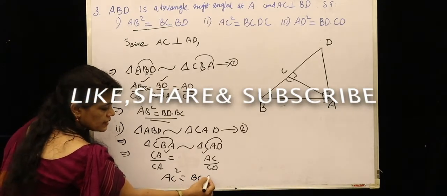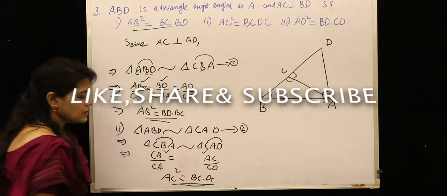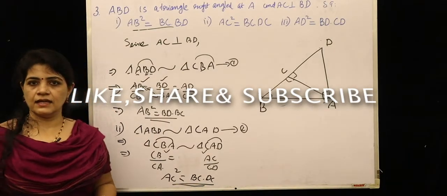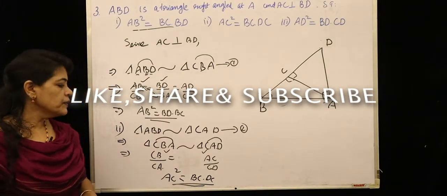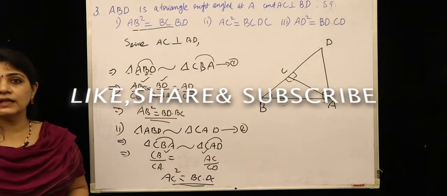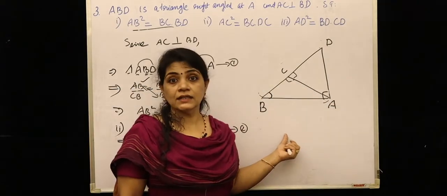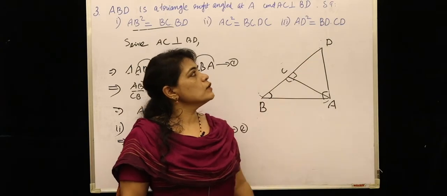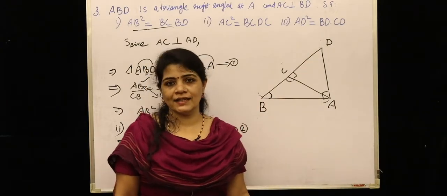CD is DC, just change, that doesn't matter. So this is the second result, that is AC square is equal to BC into DC. Now the third result, that is AD square equal to BD into CD.